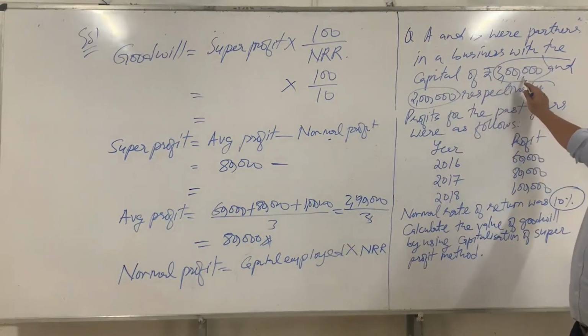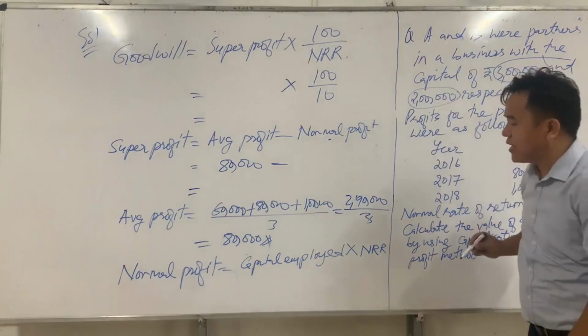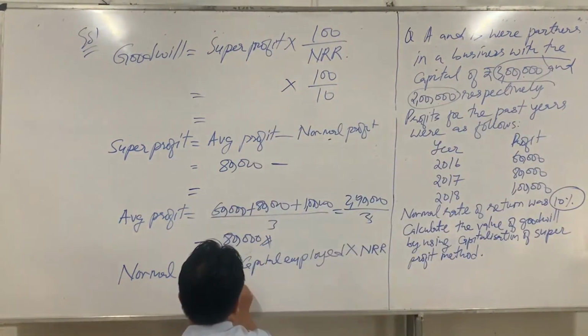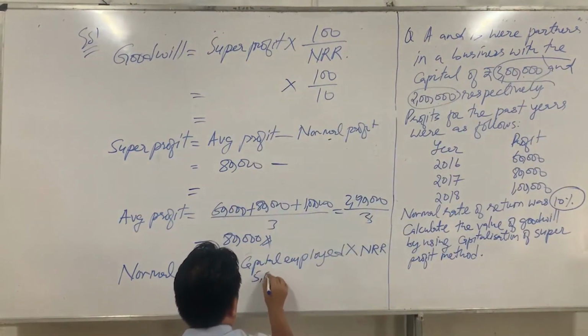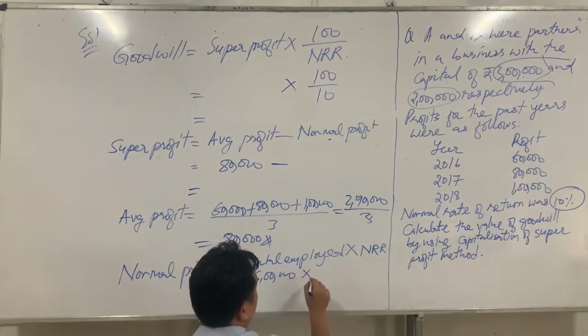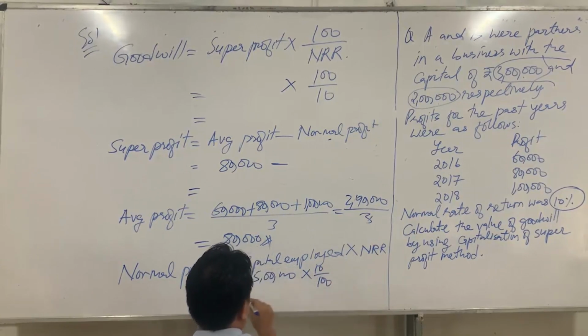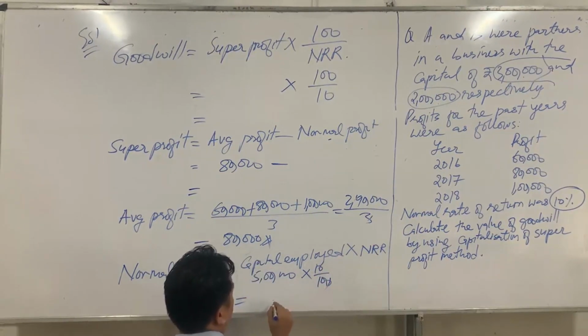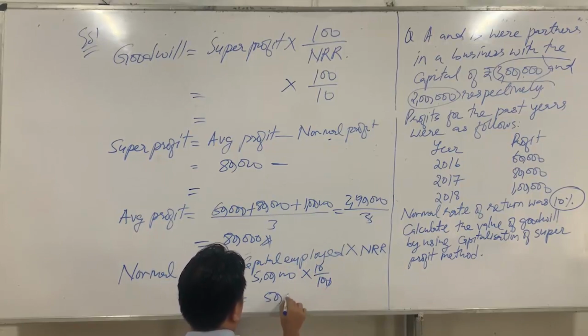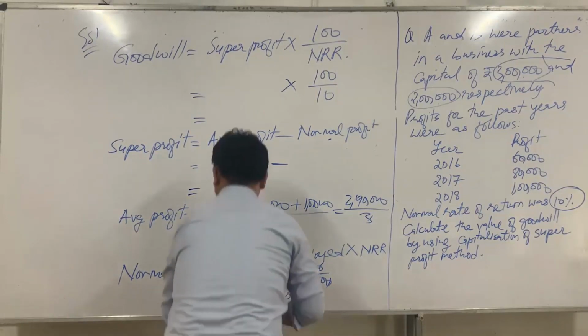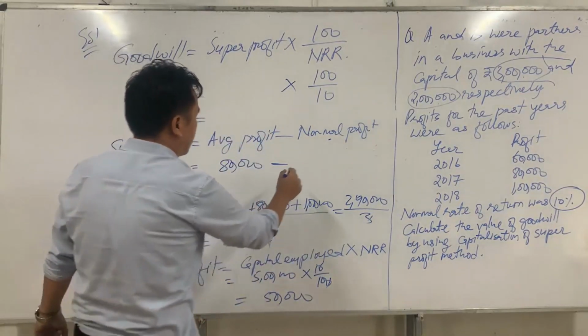So 3 lakh plus 2 lakh, how much will we get? 5 lakh. So here the capital employed by the firm is 5 lakh. And what is the normal rate of return? 10%. So how much did we get here? 50,000. So here the normal profit is 50,000.